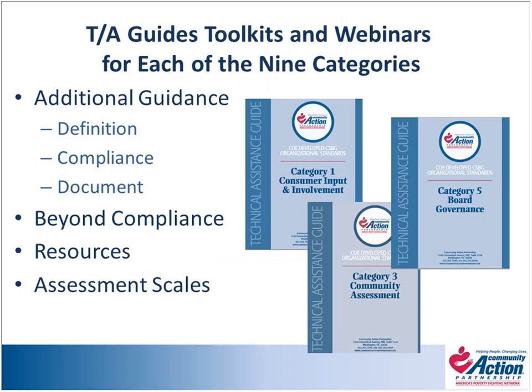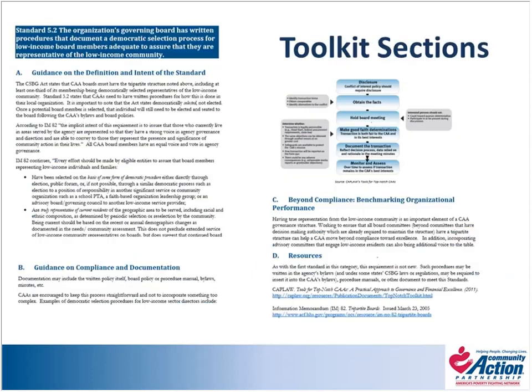Specifically to note, we have training and technical assistance guides, toolkits, and webinars for each of the 9 categories. So each category includes some information on additional guidance, so looking at the definition of the standard, what compliance is required, and then the documentation. And then it goes into beyond compliance, looks at different resources that you can use, and then there's different assessment scales as well.